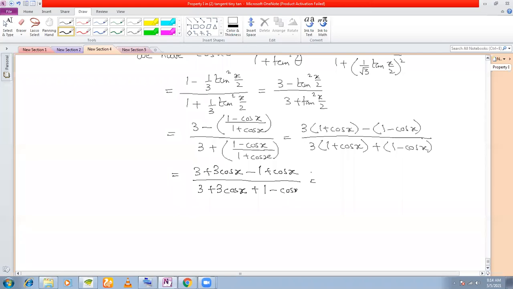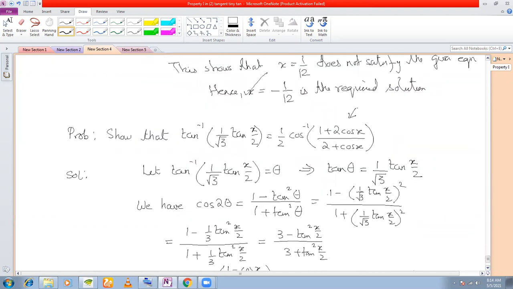You simplify this, you get 2 plus 4 cos x in the numerator. In the denominator, you get 4 plus 2 cos x. Okay. Now you can take 2 common. 1 plus 2 cos x divided by twice 2 plus cos x. So here 2 and 2 will cancel. So you simply get 1 plus 2 cos x by 2 plus cos x.